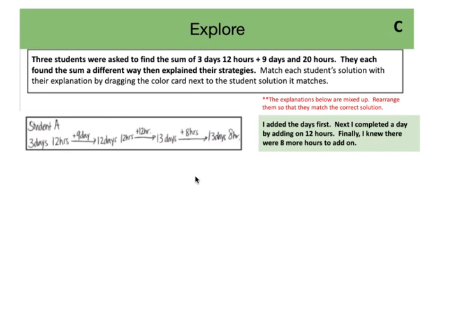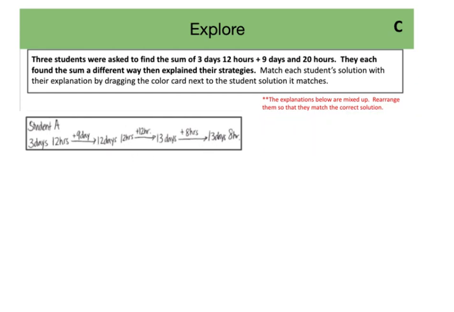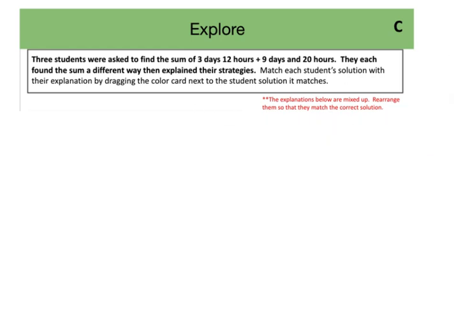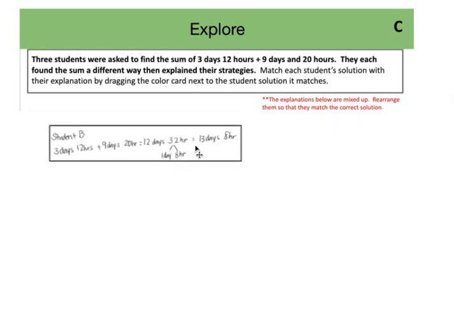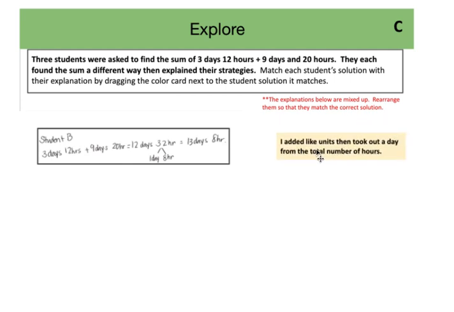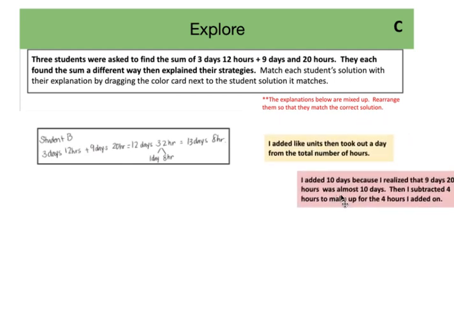Okay, so again, students can look at the operations first, added days. They can look at the numbers to help them match up the sample with the explanation. Now, another way that students might tackle these questions, we'll take out student B here, and we'll take out the remaining responses here.